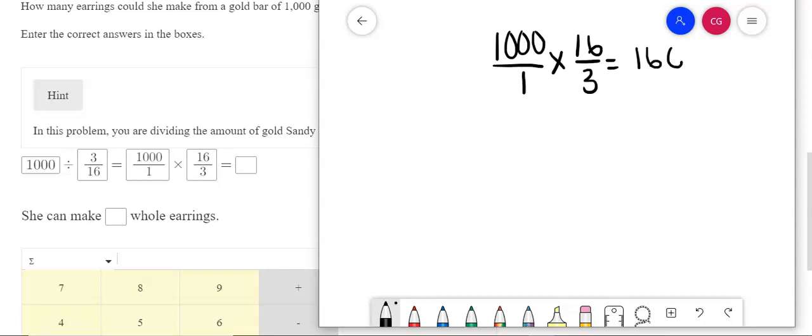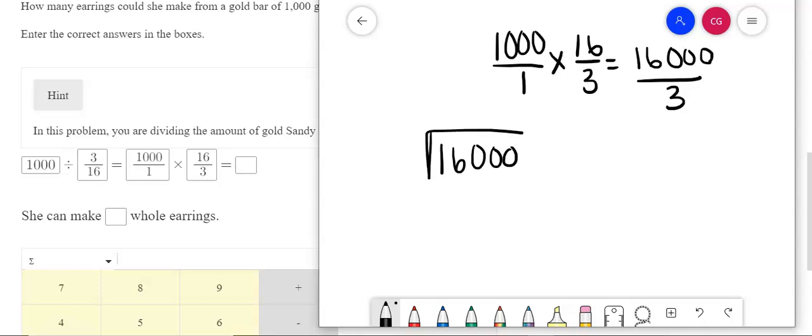So that's 16. We're going to add 3 zeros behind it and divide by 3. Three times 5 is 15. Bring down the 0. 3 goes into 10 3 times, because that's 9.